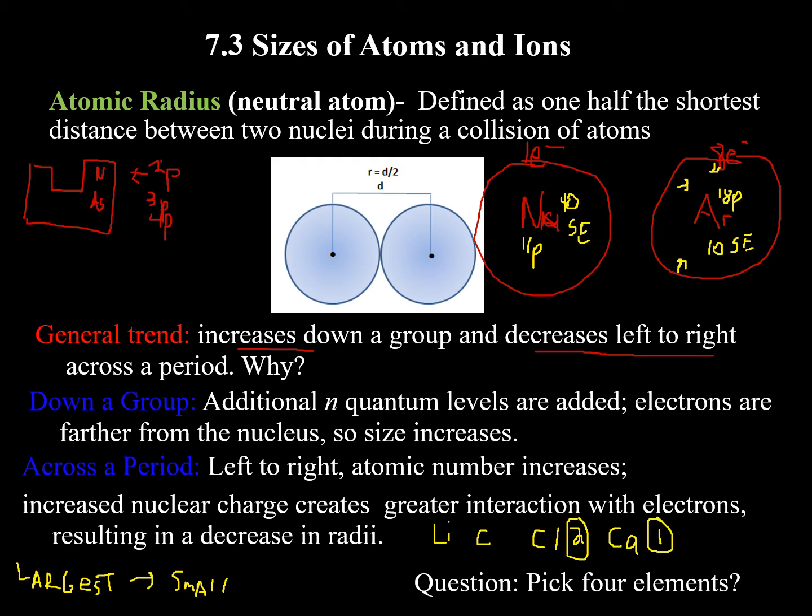And we have now lithium and carbon. Both of them are on level 2. So if you remember the trend, as you go from left to right, the atomic radius will decrease. So the next biggest one would be lithium, and the smallest one would be carbon.